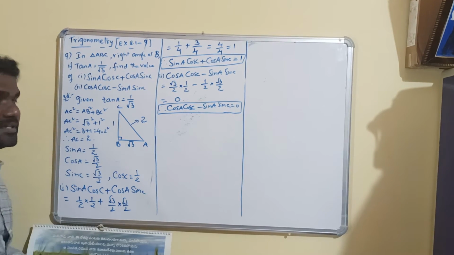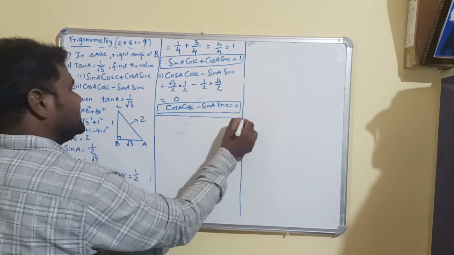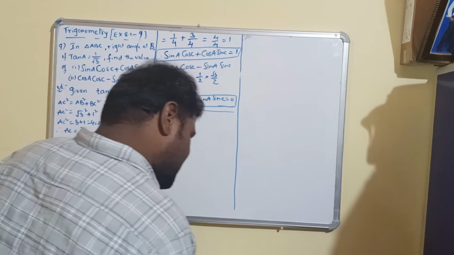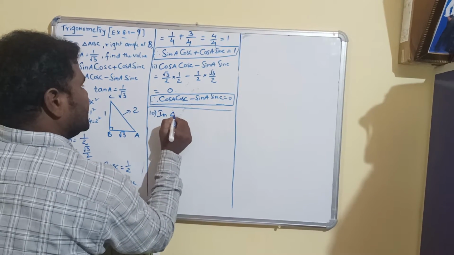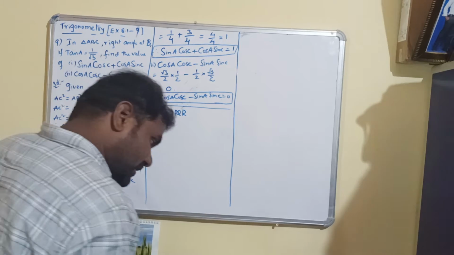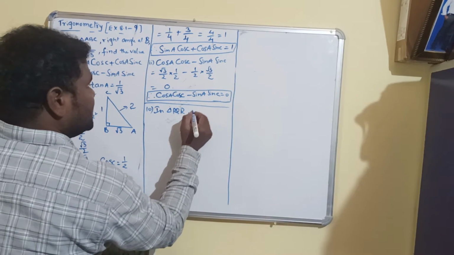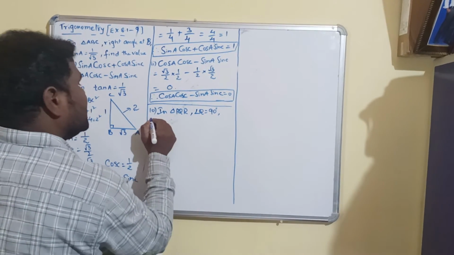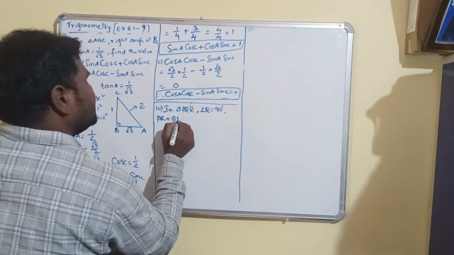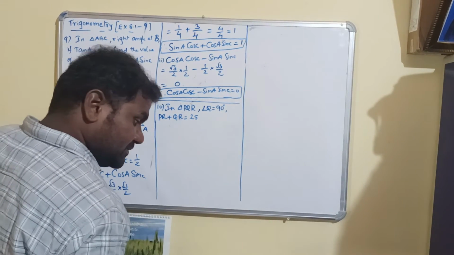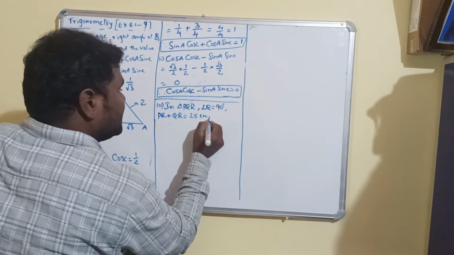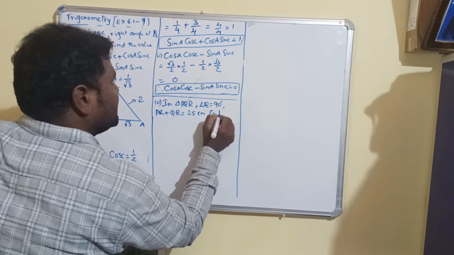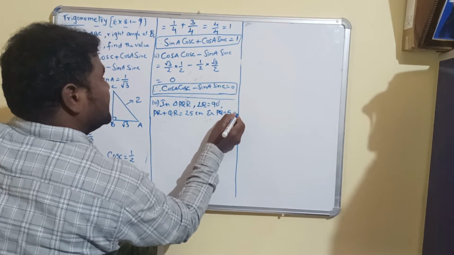Yeah, this is completed. Now come to the 10th question. In triangle PQR, right angle at Q, means angle Q equal to 90, and given PR plus QR equal to 25 centimeters and PQ equal to 5 centimeters.